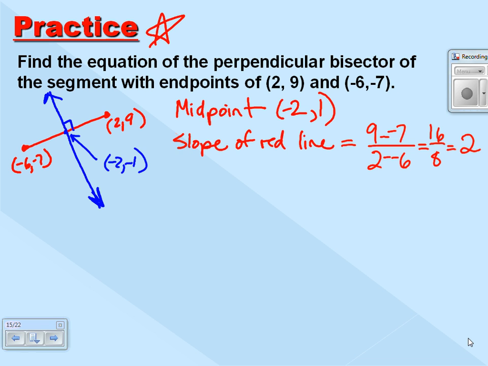If I know the slope of the red line, you could definitely figure it out. Because as you guys know, that blue line is perpendicular to that red line. So it has to have the opposite reciprocal slope of the red line. So if I know the slope of the red line is 2, the slope of the blue line is going to be -1/2.